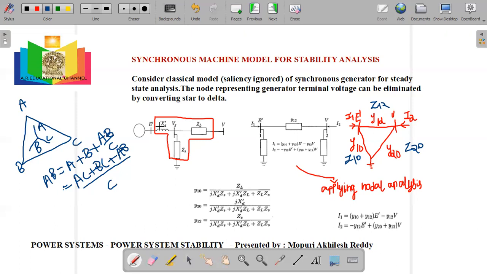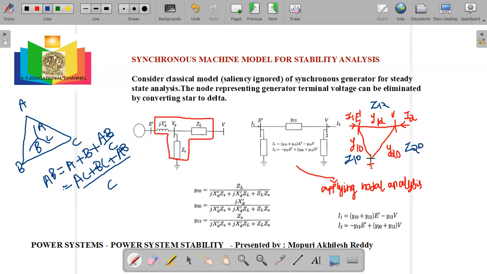When we take LCM, Z10 will become jXd' ZL, jXd' Zs plus ZL Zs by ZL. If you invert that, we will get Y10. So using this concept, you can find all these three things. So now I will be getting like this.